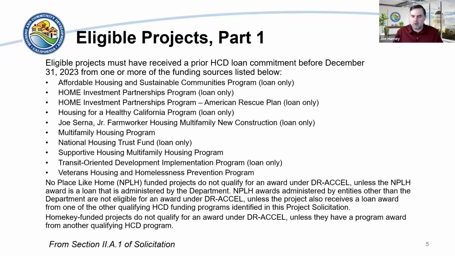So for our first part on eligible projects, firstly, eligible projects must have received a prior HCD loan commitment before December 31st, 2023 from one or more of the following sources listed below. The Affordable Housing and Sustainable Communities Program as a direct loan from the department.